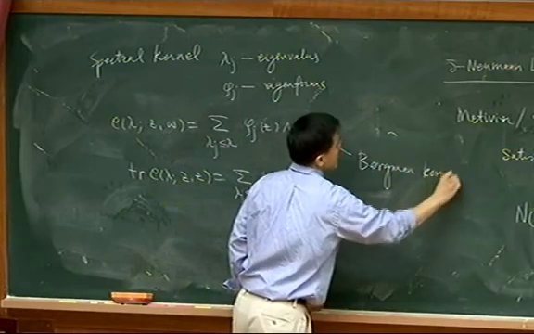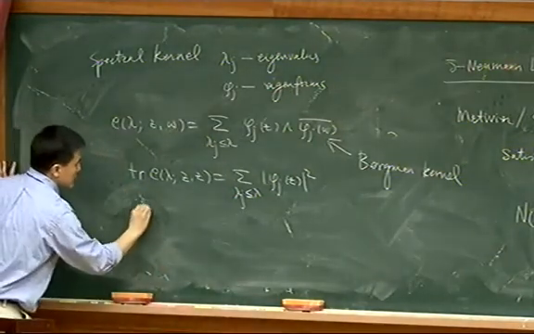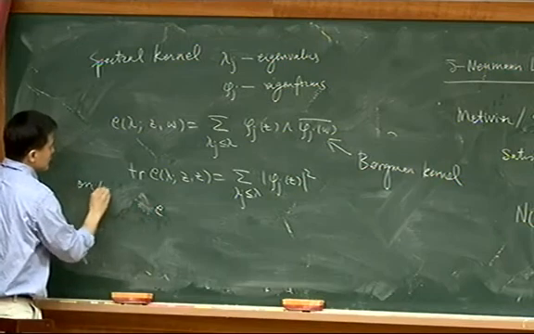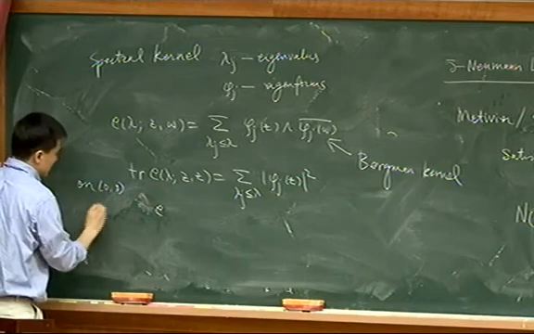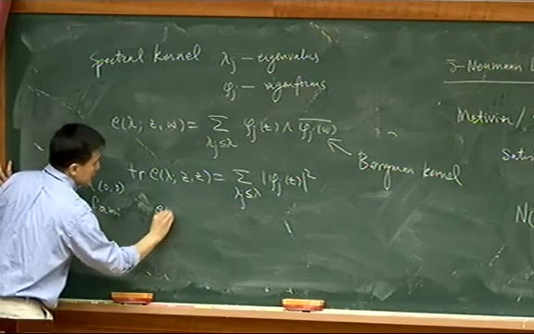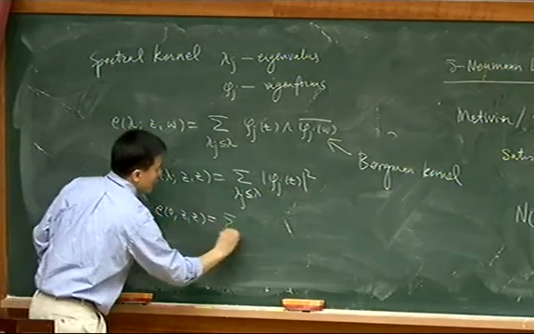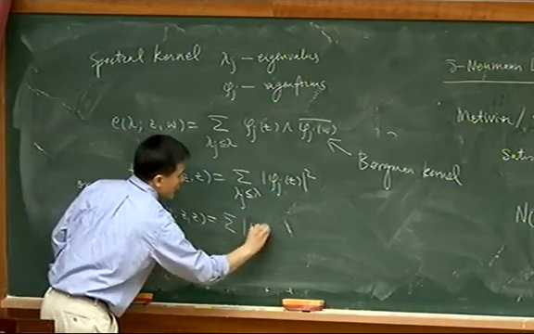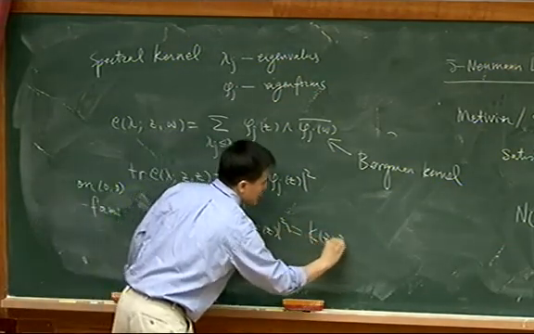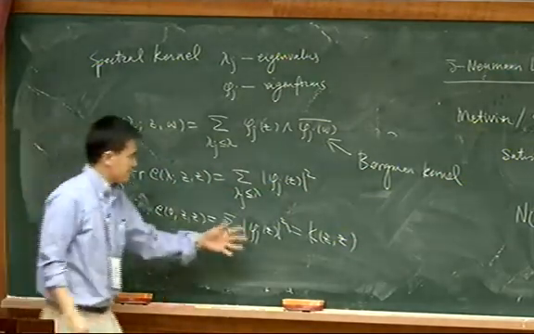And indeed, it is the Bergman kernel when you work on functions, and the trace of this E on 0-forms, which is on functions, at Z, Z is exactly the Bergman kernel as in Professor Kim's talk.